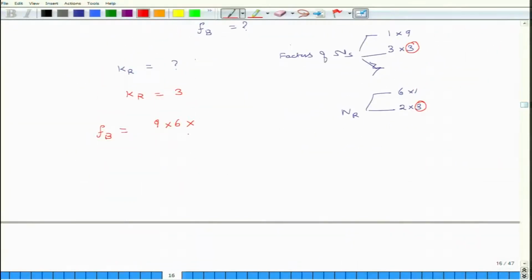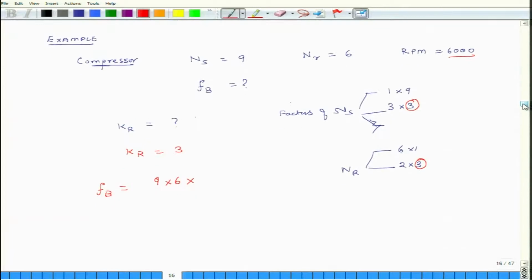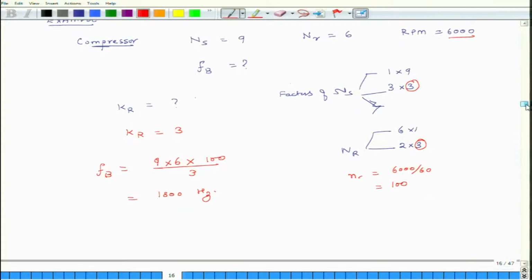So, 9 times 6 times, and NR equals 6000 divided by 60, so I get 100, divided by 3. So, I get 5400 divided by 3, which is 1800 hertz.